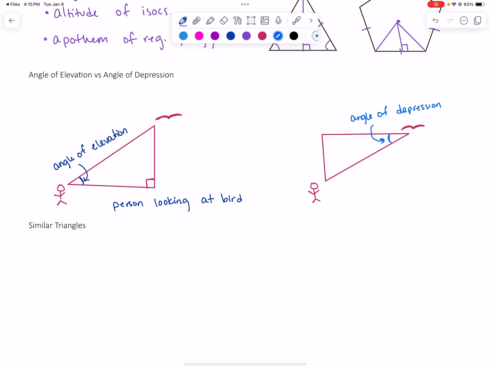So it all depends on how the problem is written, so you want to be very careful with it. So this is bird looking at person. That's going to come in handy when we're thinking about word problems and the angles at which things are being described.